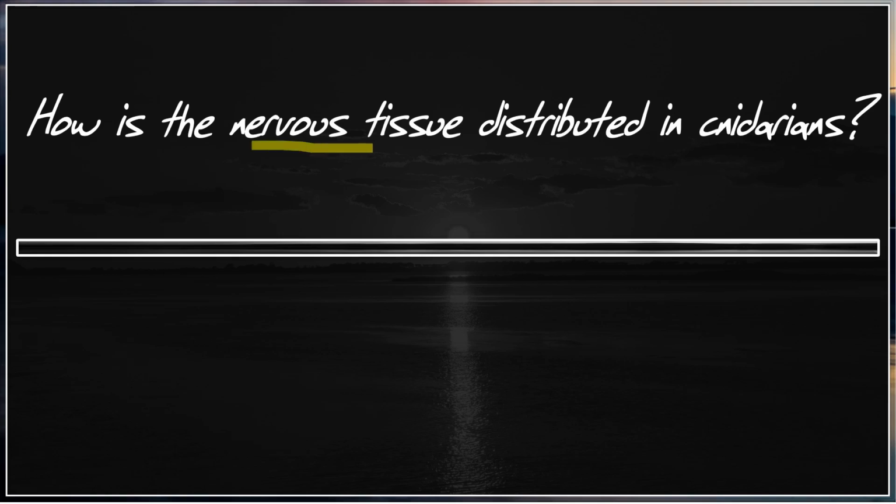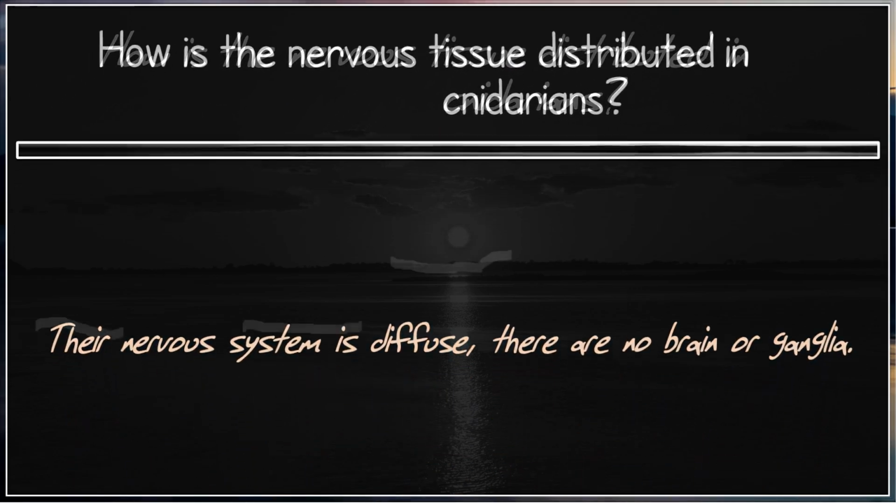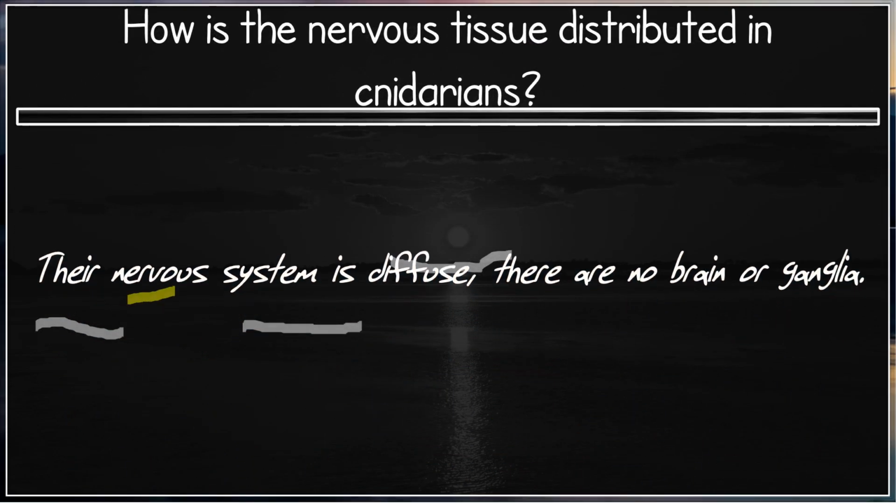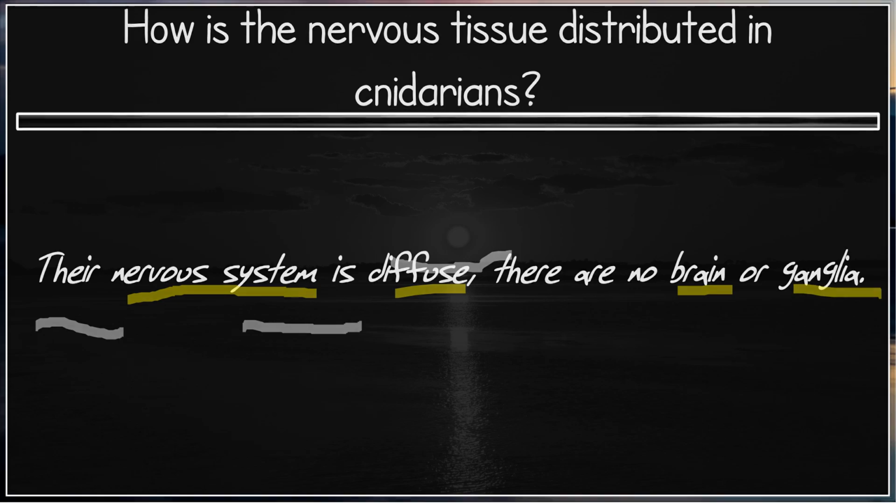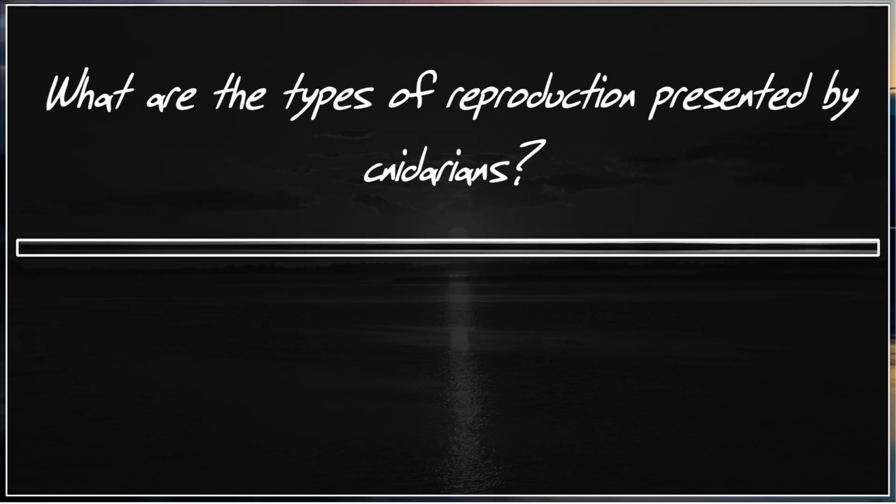How is the nervous tissue distributed in cnidaria? Their nervous system is diffuse. There are no brain or ganglia. What are the types of reproduction presented by cnidaria?